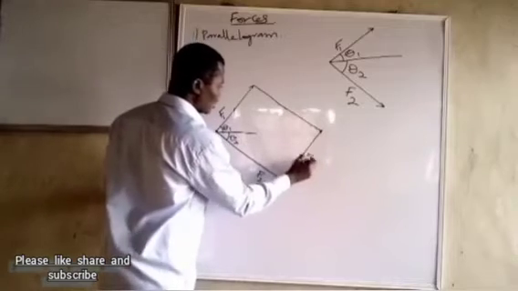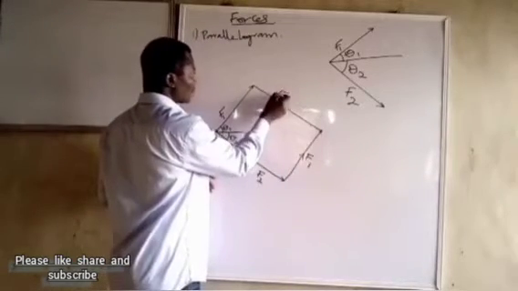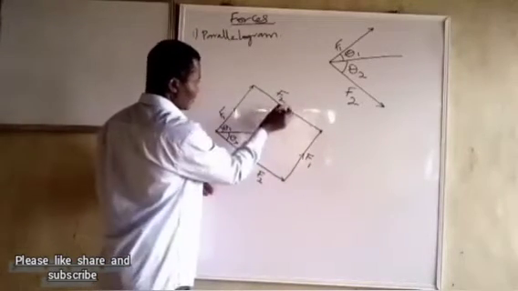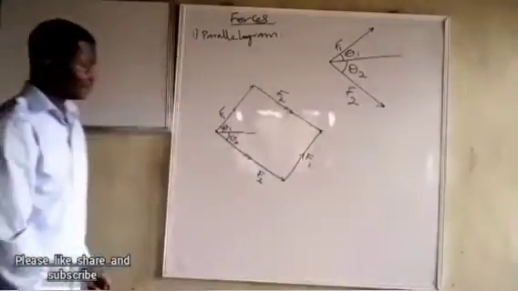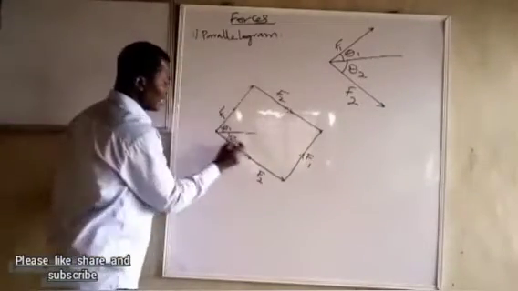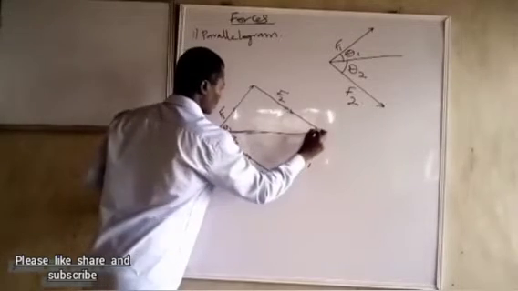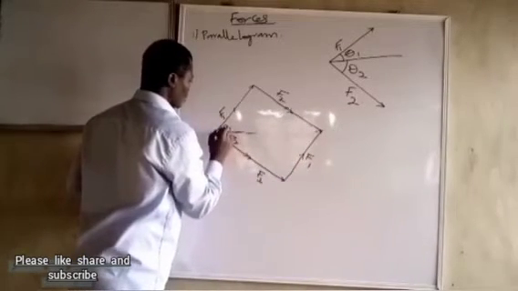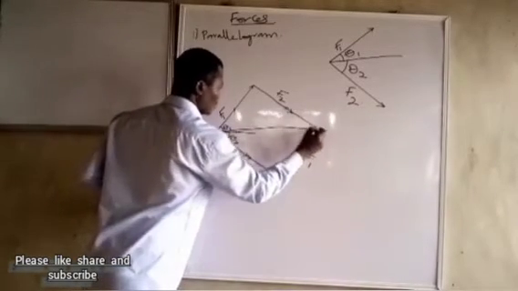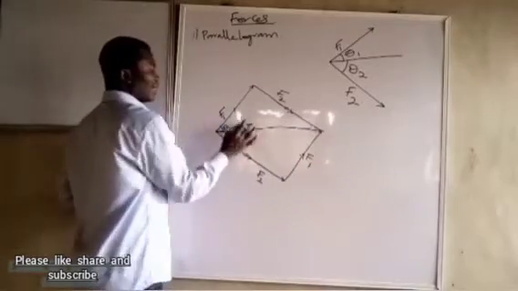So this side is equal to F1 and this side is equal to F2. So you have it like this. From the intersection here, draw a diagonal to meet this point.